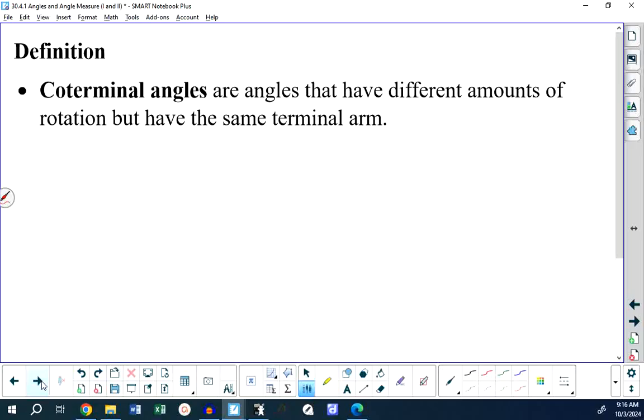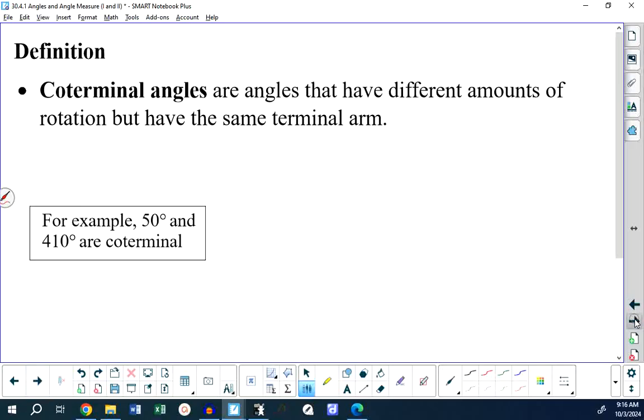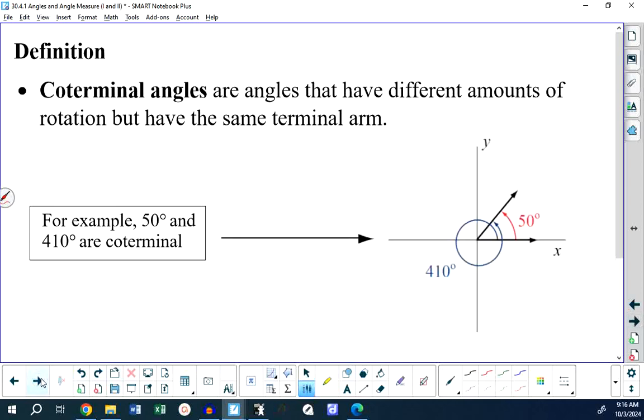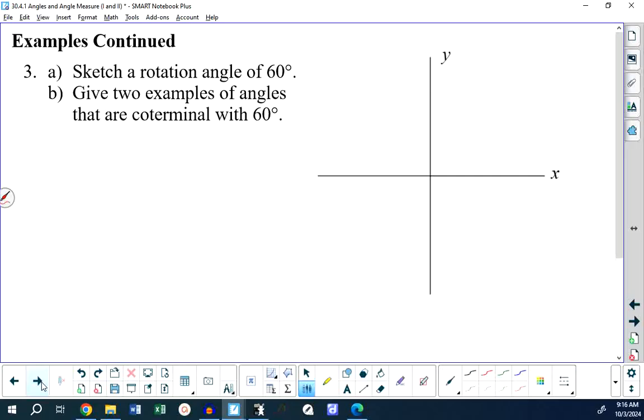This is saying you can have different rotation angles that have the same destination. And the example I give you is 50 degrees and 410. Because if I were to rotate to 50 degrees and then rotate a full revolution past that 50, which is 360, I get 410. I hope it's not lost on you that 50 plus 360 gives you 410. Right? They're 360 degrees apart. So sketch a rotation angle of 60 degrees. Well, that's child's play. Anybody can do that.